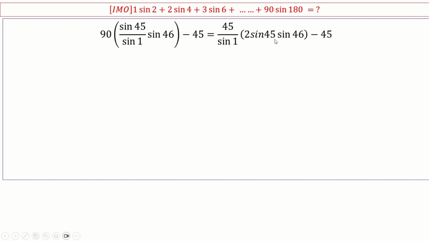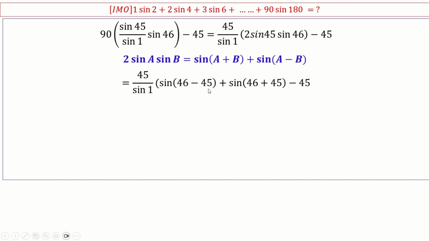If you see, this is sequential, so it's easy to get, because the sum of these is 91. If I apply 2 sin A sin B equals cos of A minus B minus cos of A plus B, what will it become?